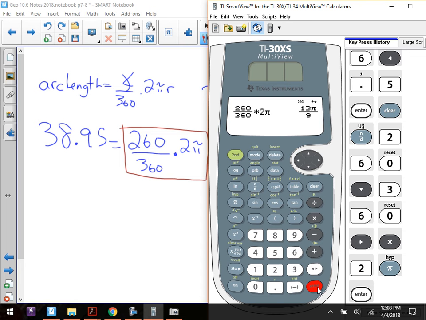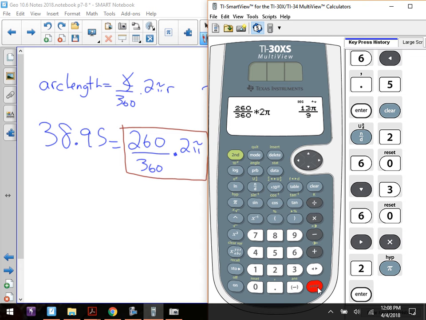Remember how when we were working with sines and angles and stuff, we would use the answer button from time to time? We would do the exact same thing. Because right now, the last thing I hit enter for is that 13 pi over 9. So in essence, this is 13 pi over 9 times the radius equals 38.95.